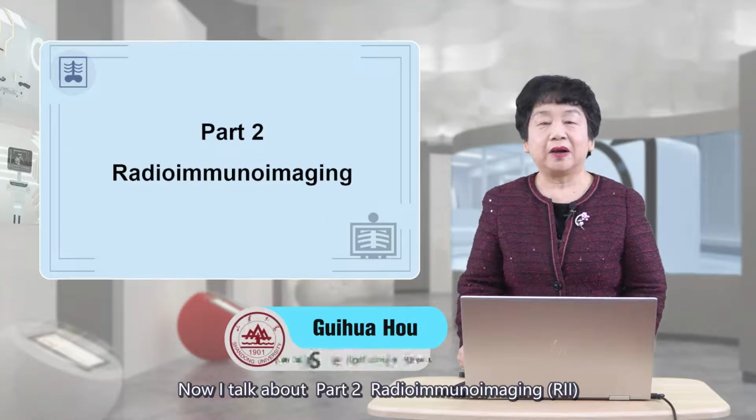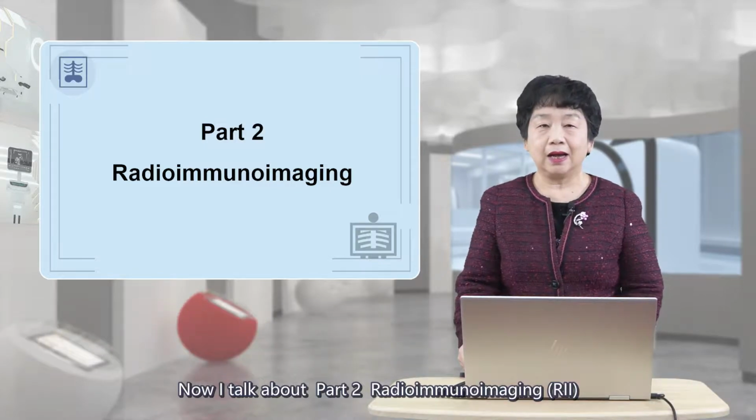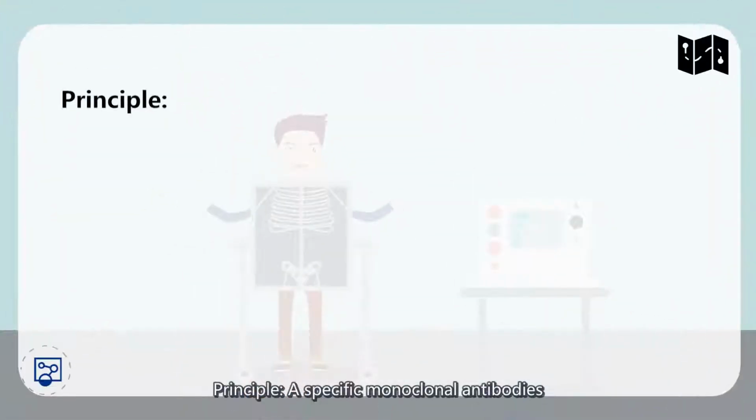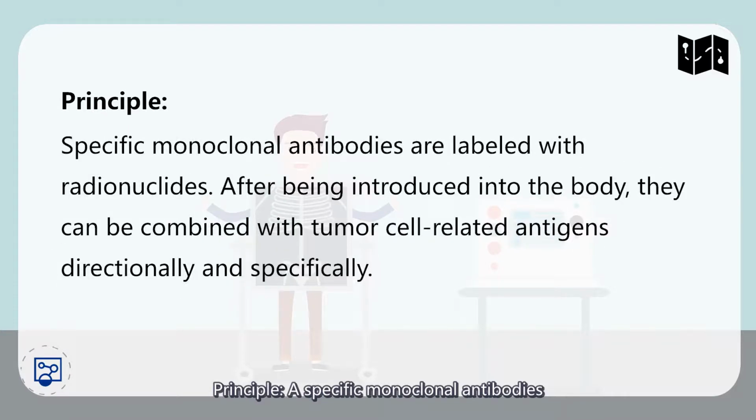Now I talk about part 2, radioimmunoimaging. We call it RII. The first principle is that specific monoclonal antibodies are labeled with radionuclide. After being introduced into the body, they can combine with tumor cell-related antigens directly and specifically.